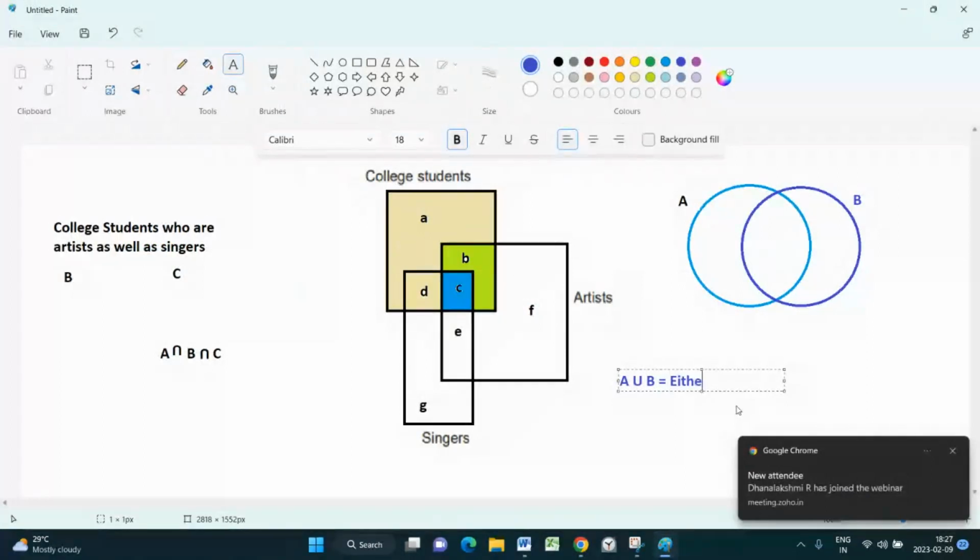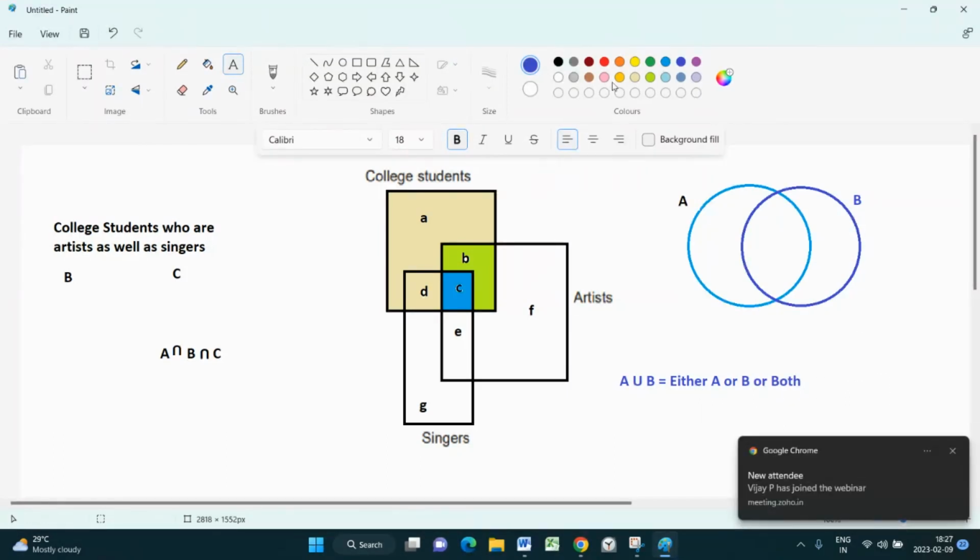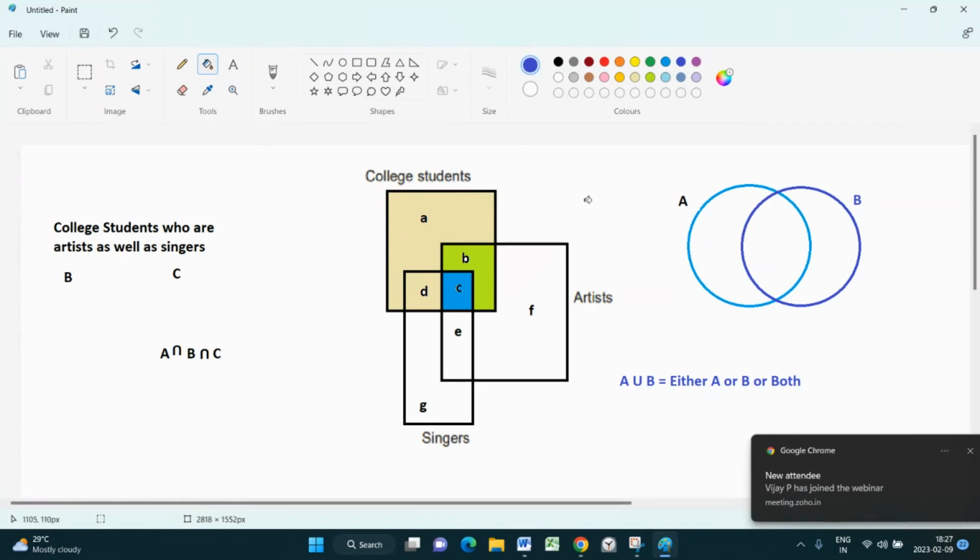Either A or B or both. This is what we said, the definition of A union B. I am repeating this for your sake.